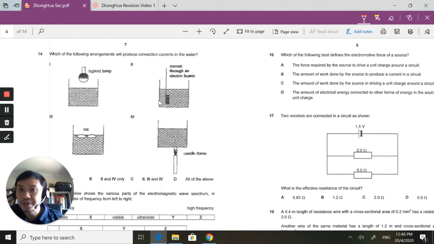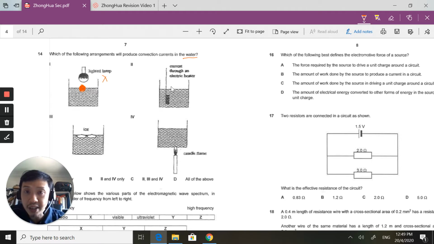Which of the arrangements will produce convection currents in the water? A lit lamp here means this part will be hot. Since the hot water is already on top, it can't go up anymore, because it's talking about the water, not the air. So this will not cause the hot water to go down, and the hot water just stays here.